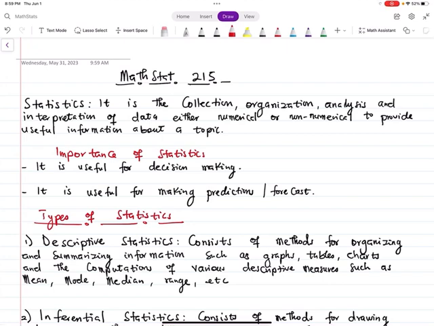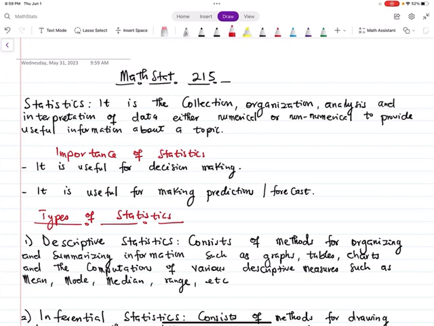The other people living in, say, California and co are high income earners. So this would help the government to apportion the relief funds to the target individuals. So this makes statistics very, very important, and it helps the government to make useful decisions.